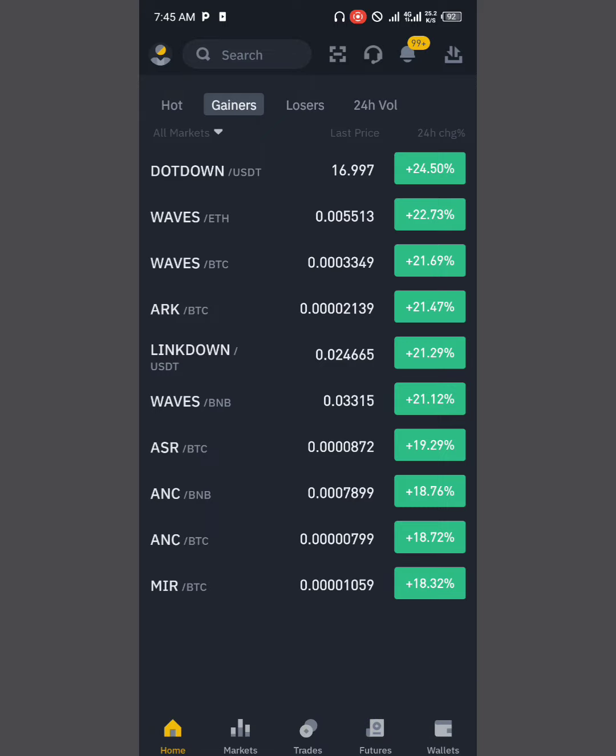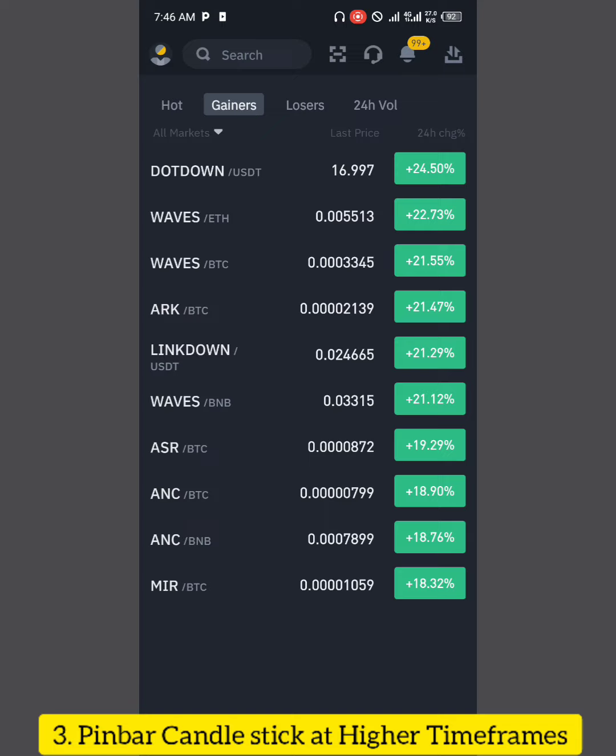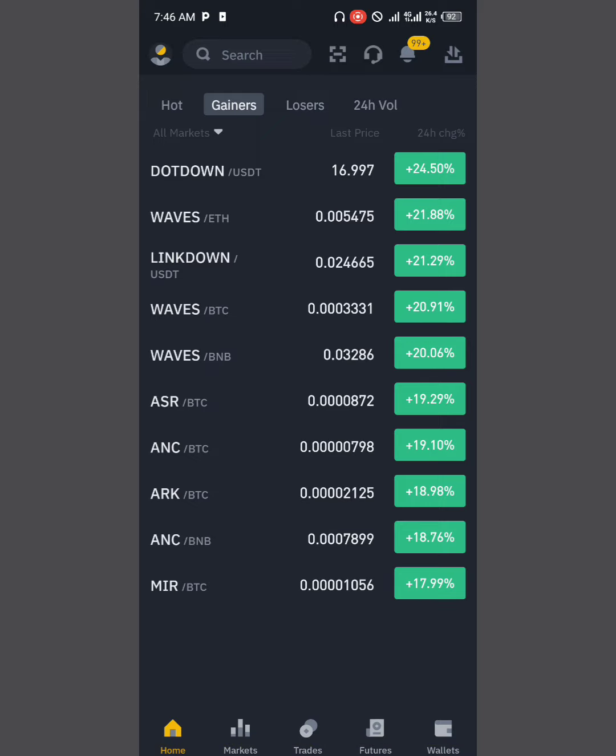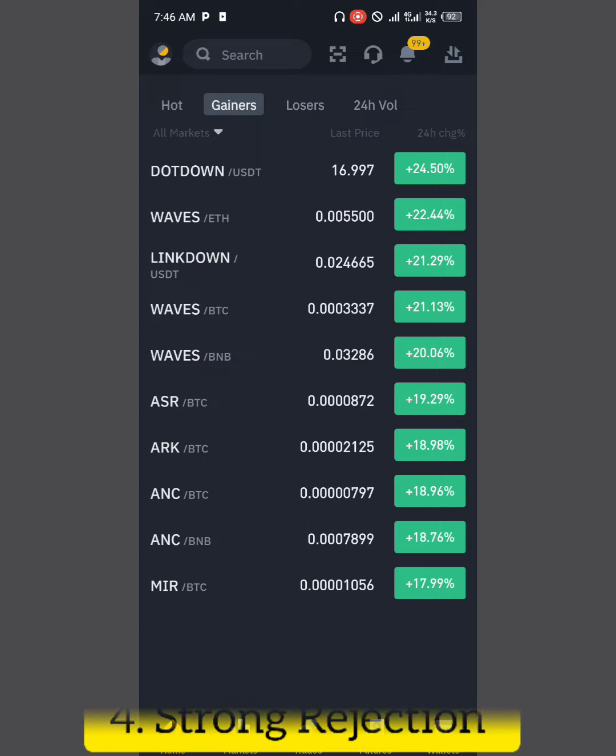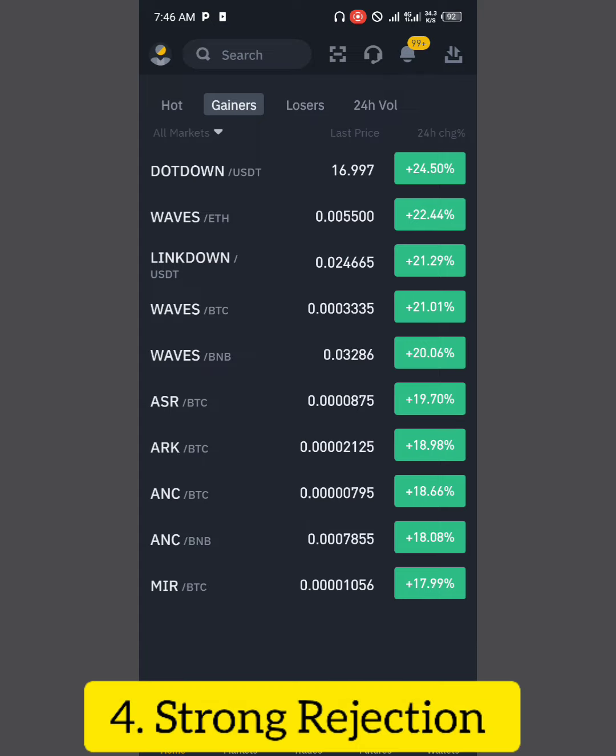Rule number 3, the pin bar candlestick must occur at higher time frames. We're going to experiment with all these things I'm saying right now. Rule number 4, this indicates a strong rejection towards the downside.